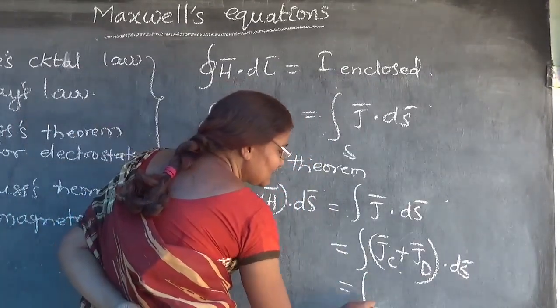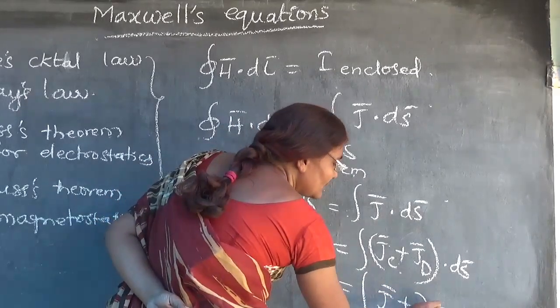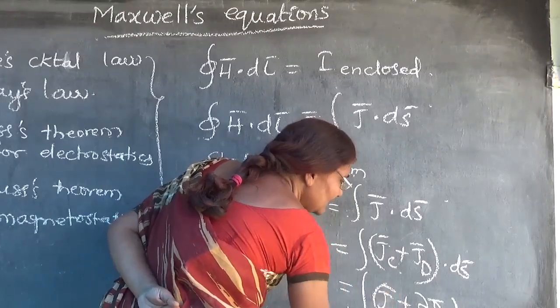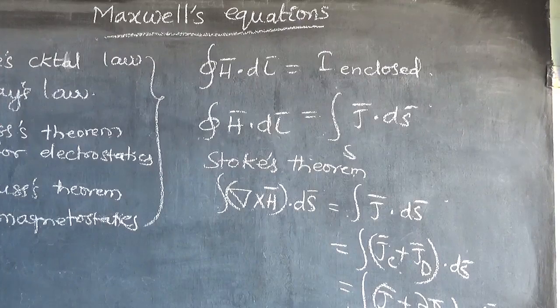And this is going to be equal to JC bar plus dou D bar by dou t dot ds bar. I can write like this. So what is my value going to be?